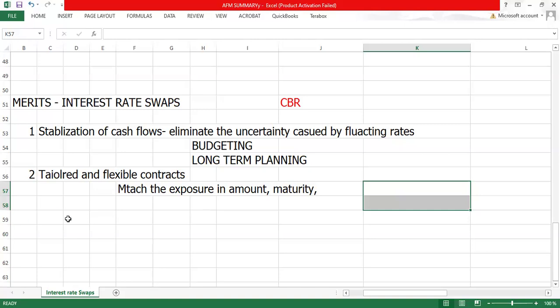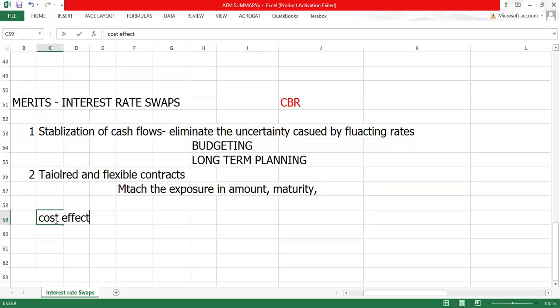Then also it is cost effective. You guys, are you getting the points I'm trying to explain? Cost effective. The cost effective part is that when it comes to swaps, you're not paying issues related to premiums.